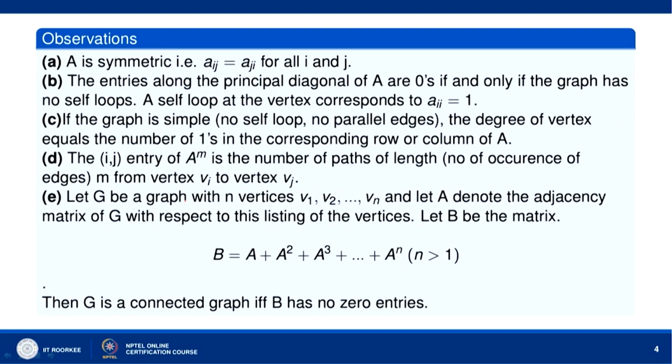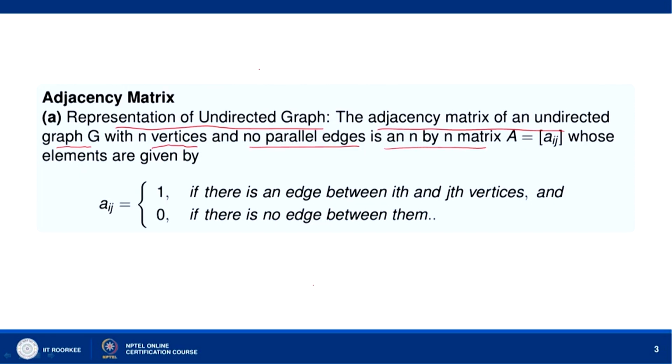Now, let us look at some observations of these adjacency matrices. We shall see that A is a symmetric matrix, Aij equal to Aji for all i and j, because if there is an edge between the ith and jth vertices, then Aij will have value 1 and also Aji will have value 1, because it is an undirected graph.